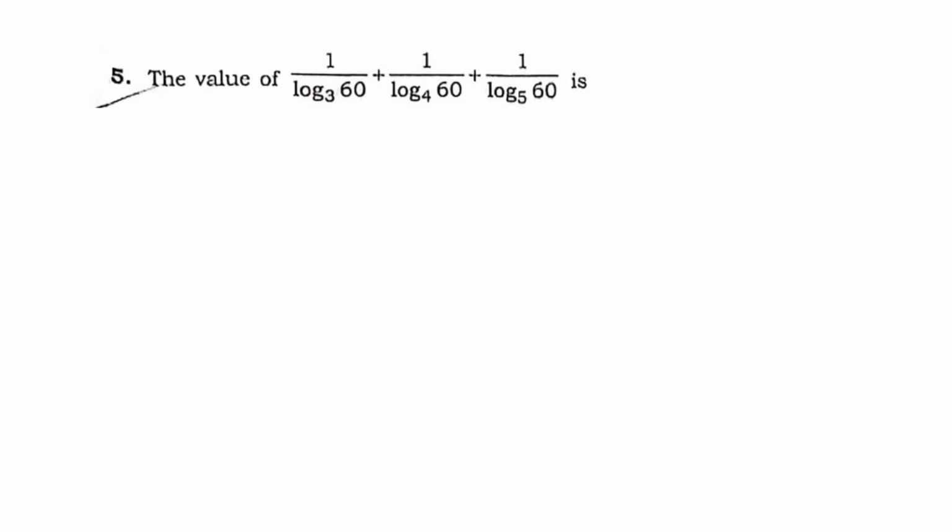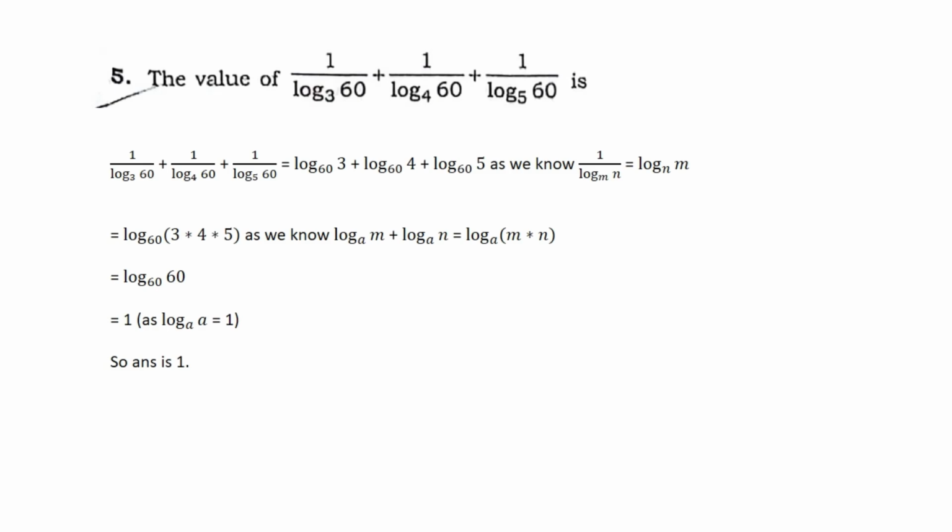Next question. The value of 1 by log 60 to the base 3 plus 1 by log 60 to the base 4 plus 1 by log 60 to the base 5 is? We all know 1 by log n to the base m equals log m to the base n.